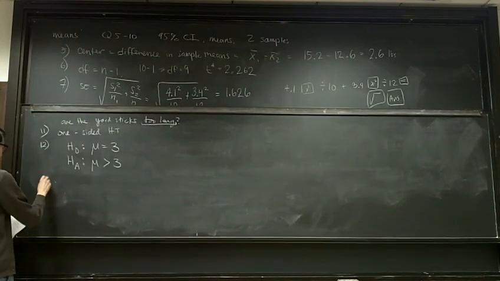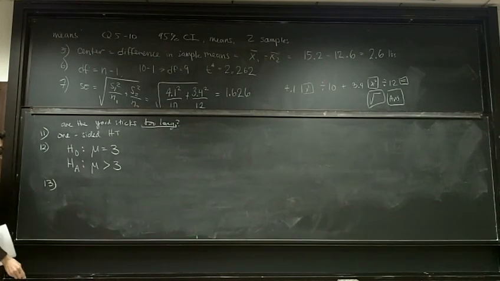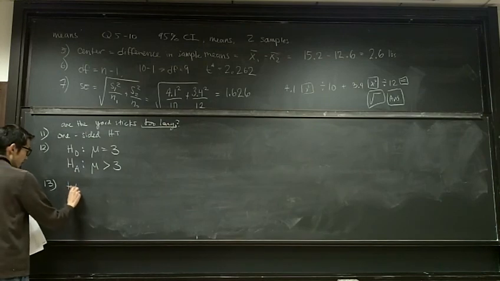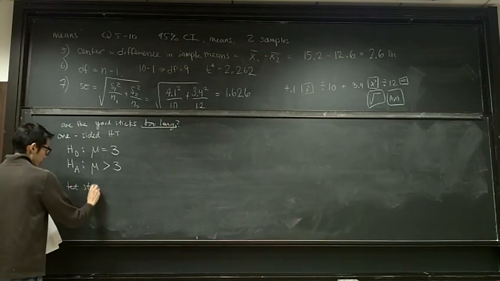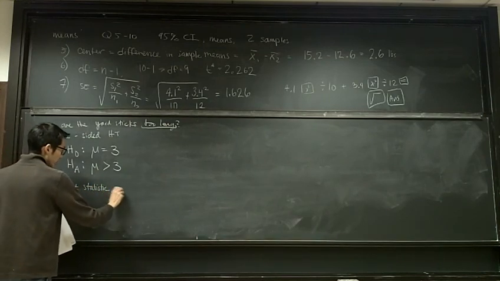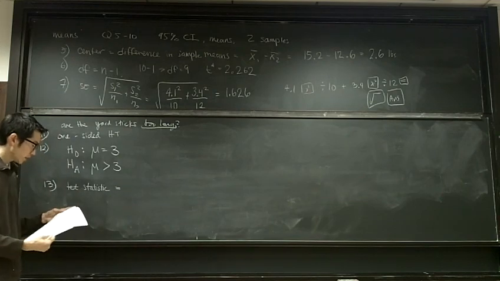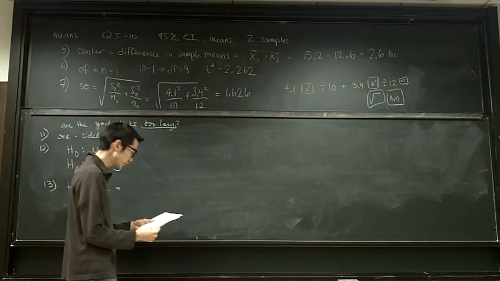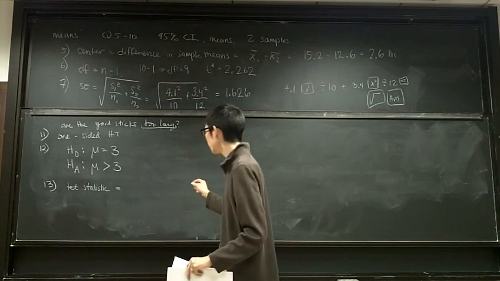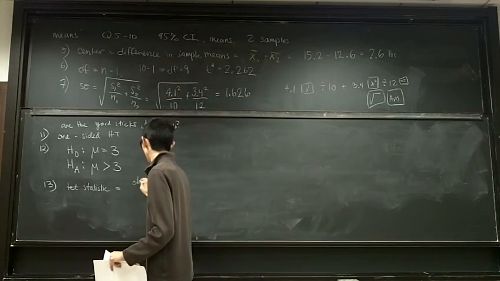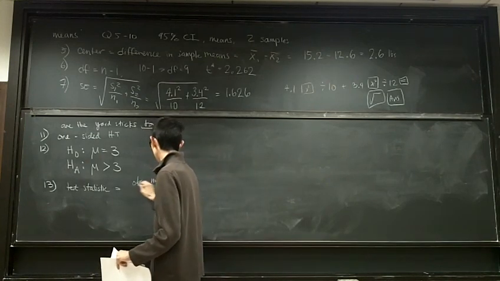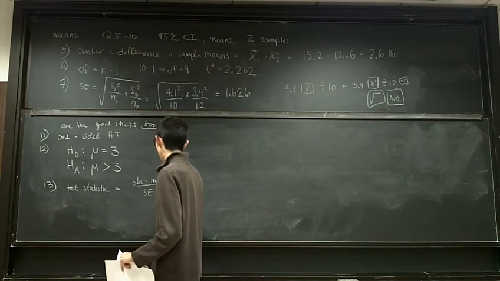All right, so number 13, what's the value of our test statistic? Okay. So the test statistic, it's almost always what we observe minus what the null is, divided by our standard error.